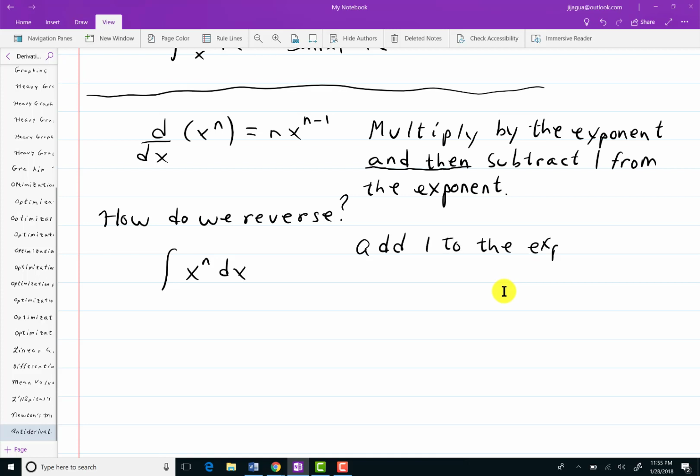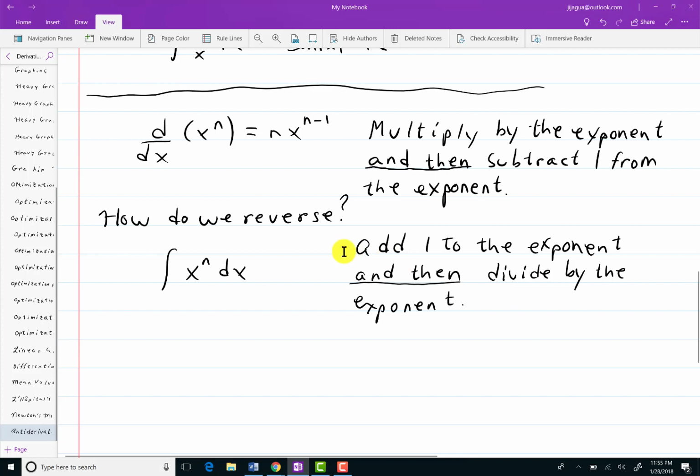So if I multiplied first and then subtracted 1 second, I will reverse it and say add 1 to the exponent and then divide by the exponent. That's exactly reversing what we did in the first part.